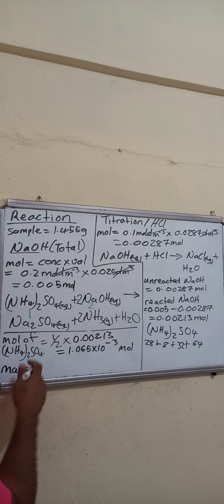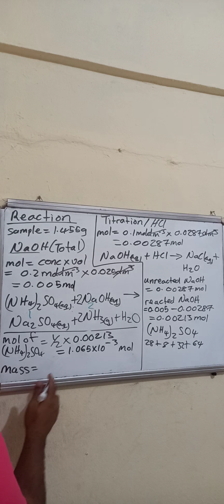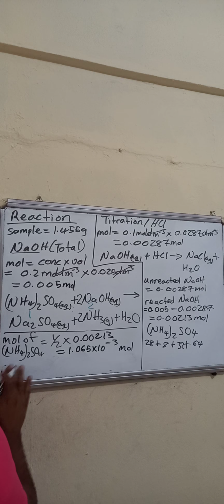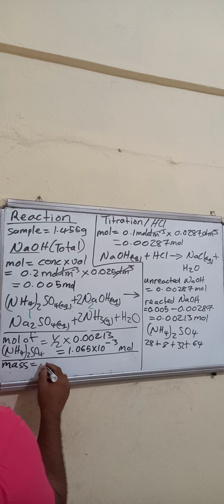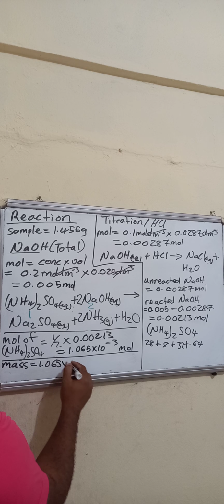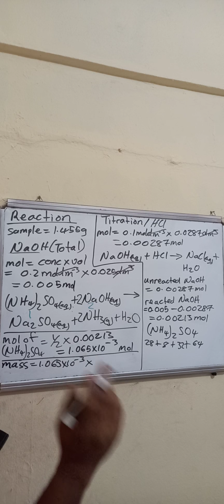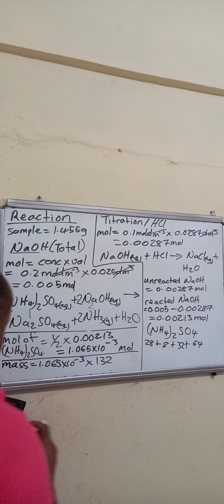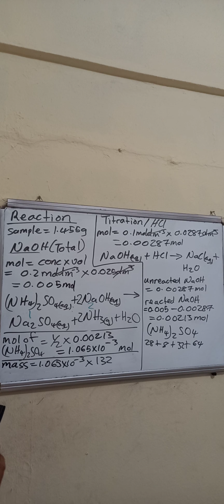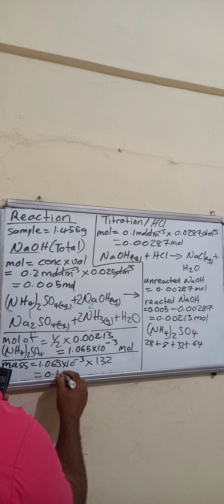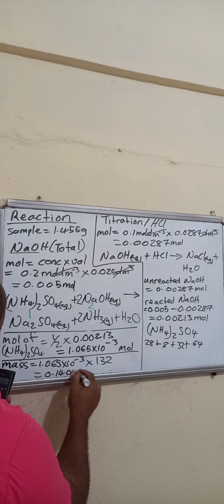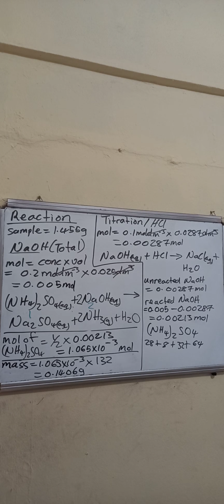Alright, so again, mass is mole times molar mass, so let's just put back that there. Alright, so now we're finding the mass. So it's 1.065 times 10 to the minus 3 times the molar mass, which was 132, and we get 0.1406 grams. Alright, so that's the mass of the ammonium sulfate.